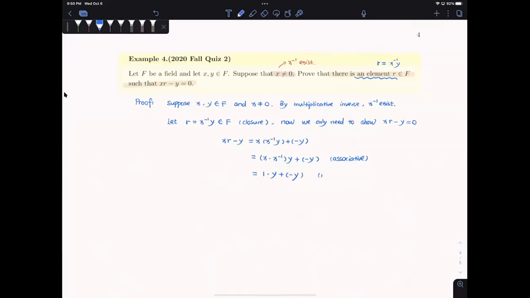And 1 times Y is Y. Oh, I wrote it wrong, sorry. Don't know why I wrote identity. Should be multiplicative inverse. The next step is identity.